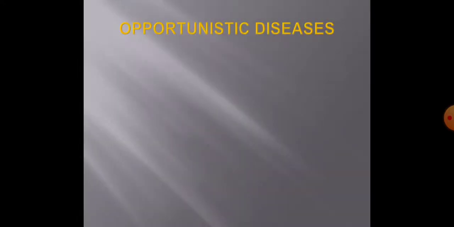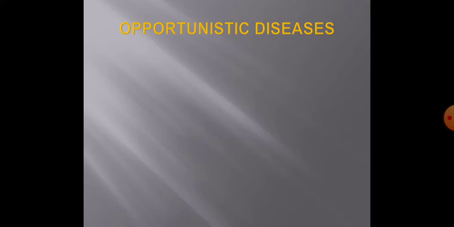Now, what are opportunistic diseases? HIV does not cause any disease nor kill any person; it only destroys T cells of the immune system. So the decrease in the human immune system is the opportunity which helps in the attacking of other diseases to the host organism.